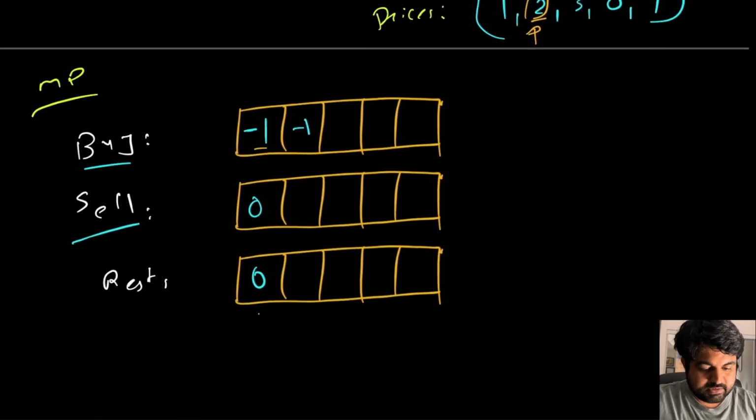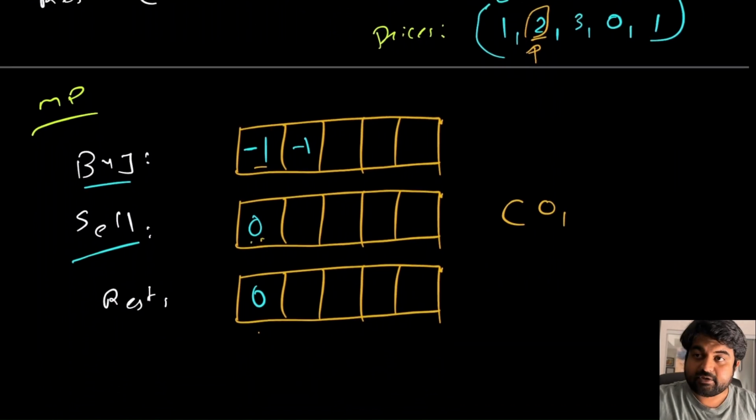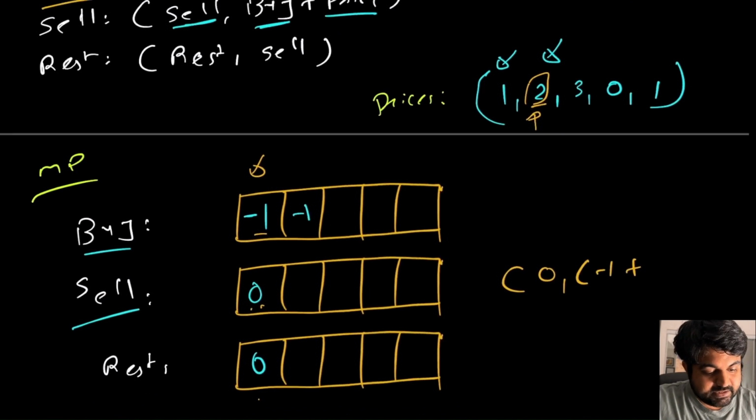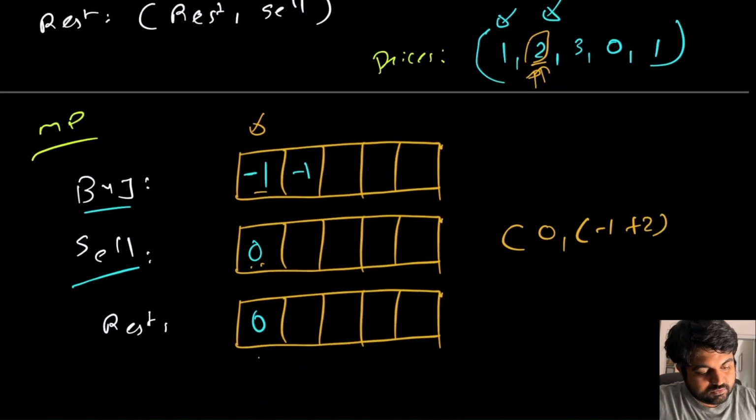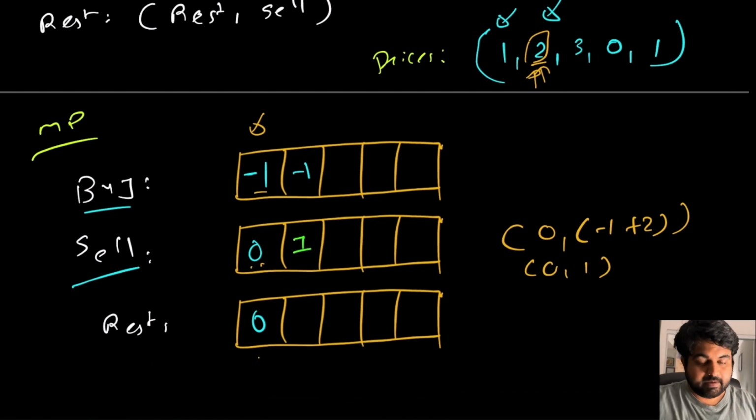So of course, the first value we are comparing is 0, because that is the maximum profit we made on the previous day, and we are comparing it with the buy maximum profit on the previous day, which was -1, plus today's price, which is 2, so -1 plus 2. So we are comparing the values 0 and 1, so obviously 1 is greater, so the maximum profit we can make if we decide to sell is going to be 1, so we'll mark 1.